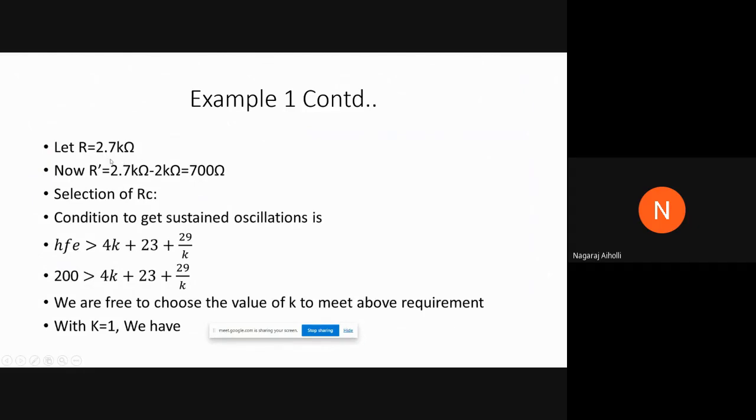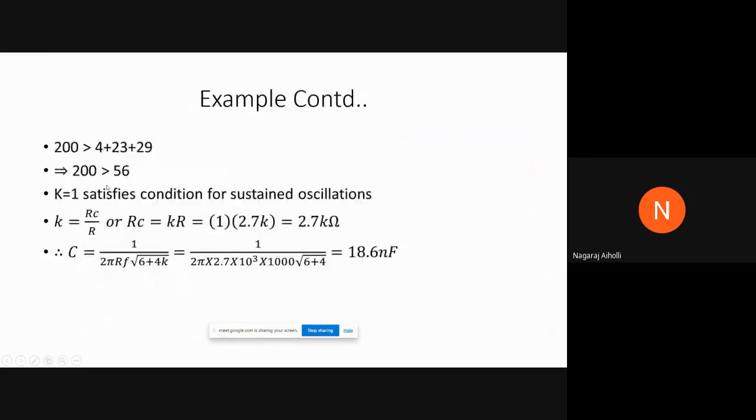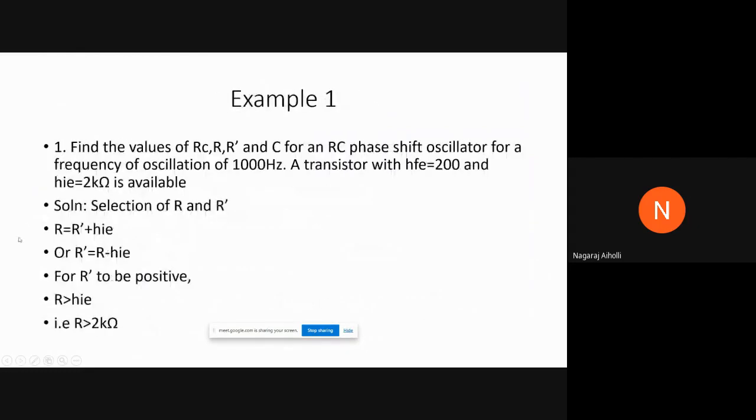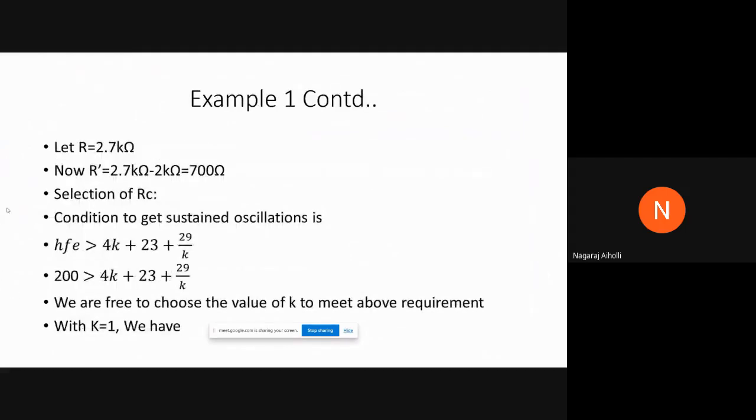If we choose R equal to 2.7 kilo ohm, then R dash will be R minus hIE, that is 2.7 kilo ohm minus 2 kilo ohm, which will be 700 ohms.